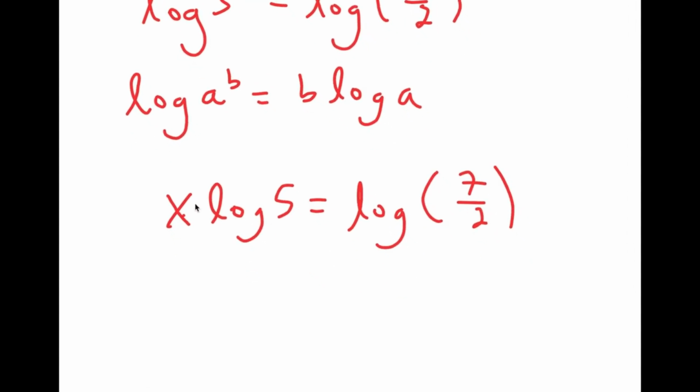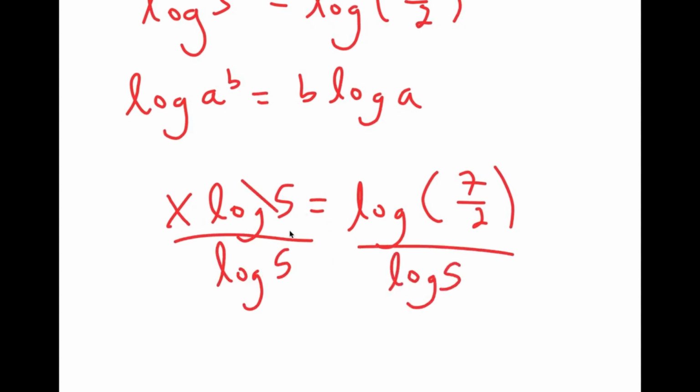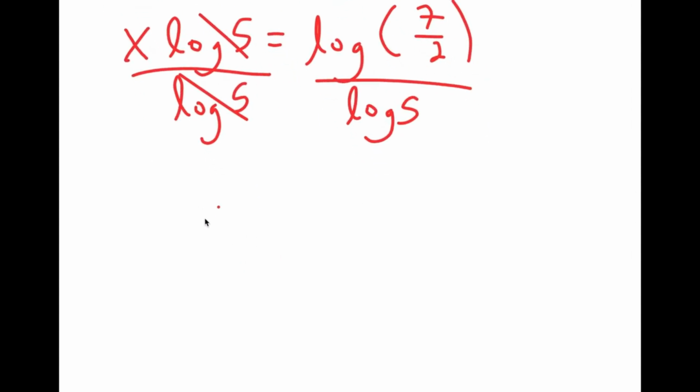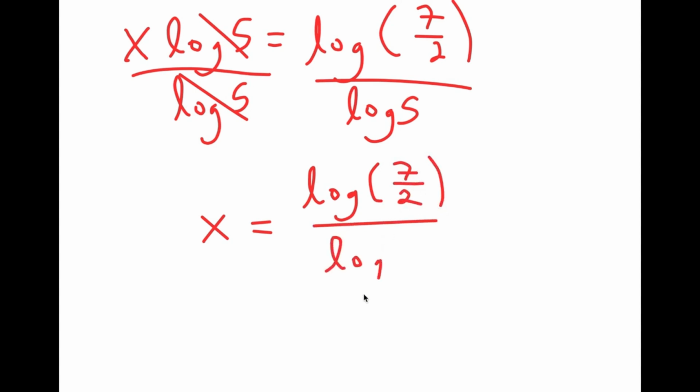Now, we want to isolate x, so I'm going to divide both sides by log 5. So now these two cancel out, and I get x is equal to log of 7 over 2 over log 5.